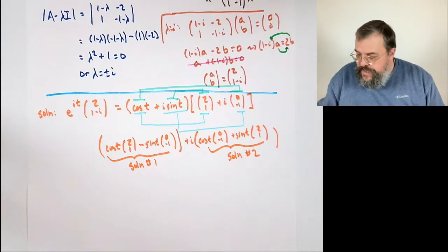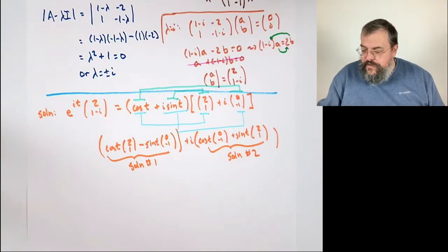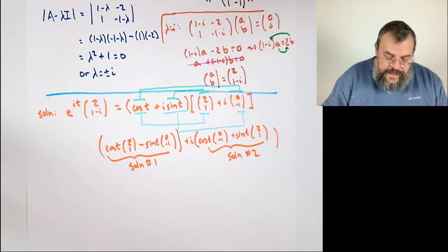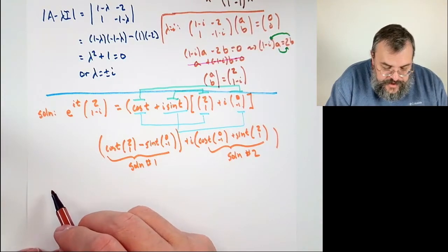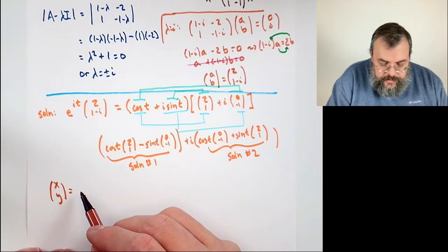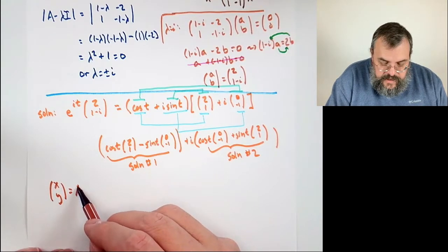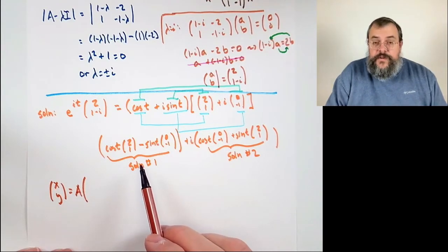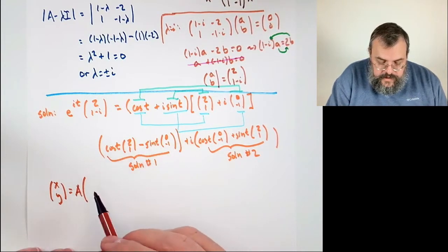So, what does that tell us? Well, it tells us the following. We have that our general solution, (x, y), has the form some constant a times the first solution. Now, we can actually just put it into one vector.